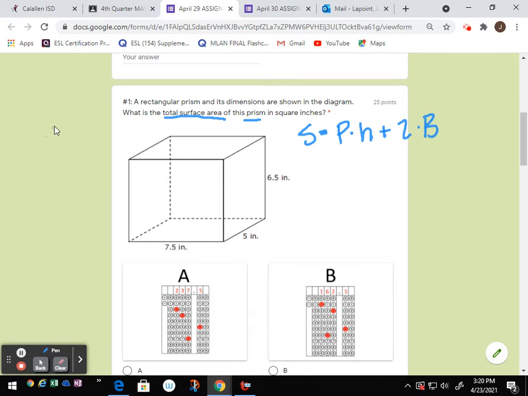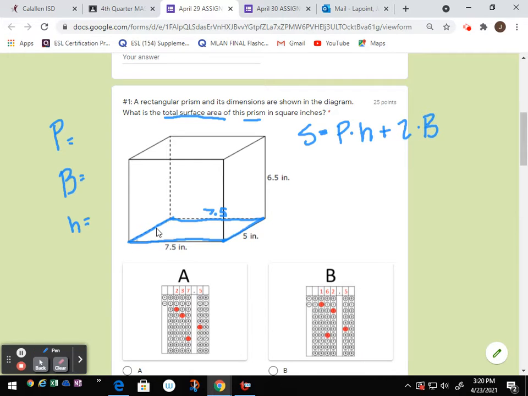All right, so we need to know our P, our big B, and our H. Okay, so big P is the perimeter of the base. We're just going to look at what it is sitting on for a rectangular prism for the base, and we see that it's sitting on this rectangle down here. So the perimeter means we're going to add all of our sides. We have 7.5 in the front, we have 5 on the side, and the back is the same length as the front, so we have 7.5 back here.